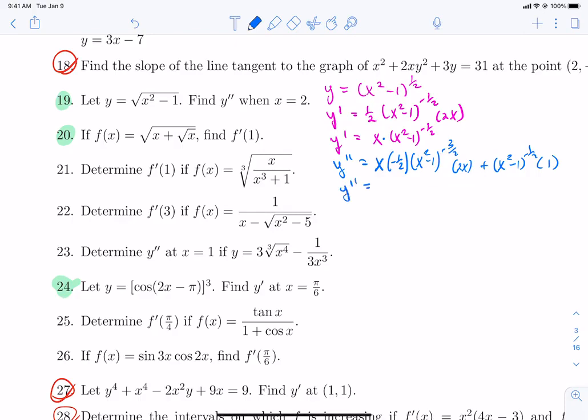So that's going to be 2 times negative 1/2. 2 squared is 4. 4 minus 1 is 3. 2 times 2 is 4. 2 squared is 4. 4 minus 1 is 3. And we're good there.